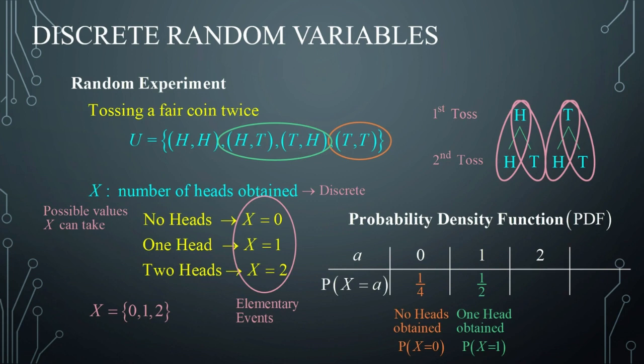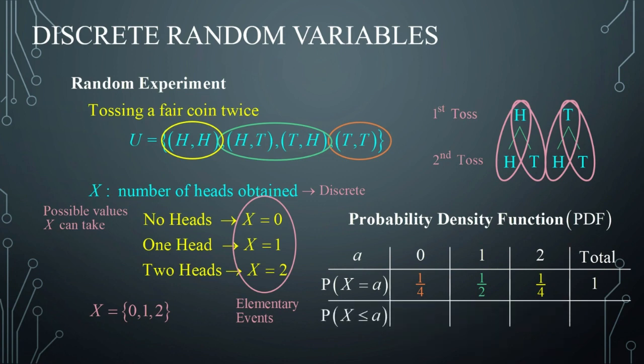And the last one consists of obtaining 2 heads with a probability of x equals 2. In our sample space, one outcome out of 4 contains 2 heads, then the probability of x equals 2 is 1 out of 4. And the sum of the probabilities of all elementary events is 1, as elementary events combined give the entire sample space of the random experiment.